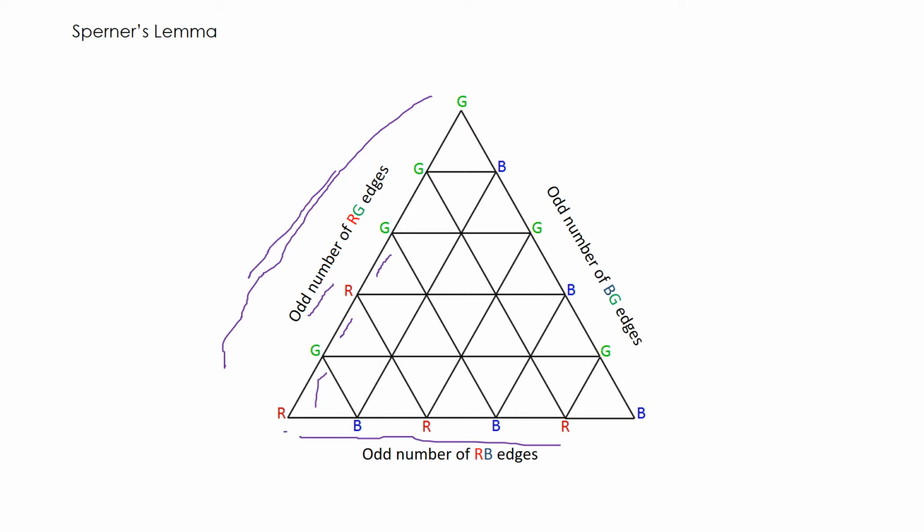This is an RB edge, and we have smaller RB edges. How many of them? 1, 2, 3, 4, and 5, which is again an odd number. And likewise, for this large BG edge, we have 1, 2, 3, 4, and again 5 smaller BG edges. So each time it's odd.